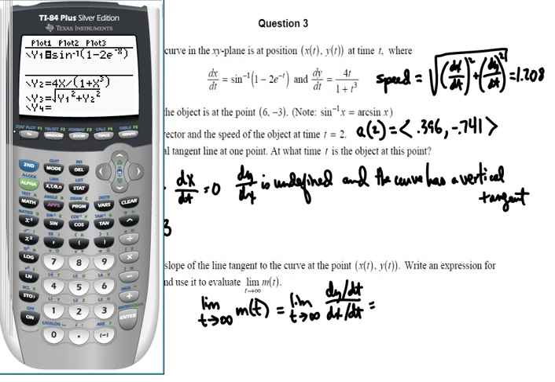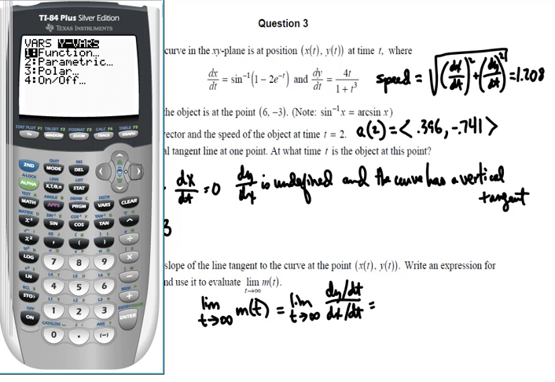What we really want here is y2 over y1. So I'm going to turn off y1 and in y4 I'm going to set up dy/dt over dx/dt, which is y2 over y1. So VARS, Y-VARS, function y2 divided by VARS, Y-VARS, function y1.